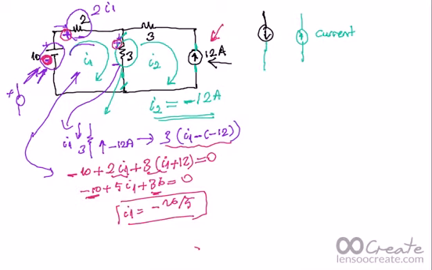So how can I make sure my result is correct? I can apply my Kirchhoff voltage law on any closed path. We actually have 3 independent closed paths in this circuit. If I redraw it, what are my closed paths on this circuit?